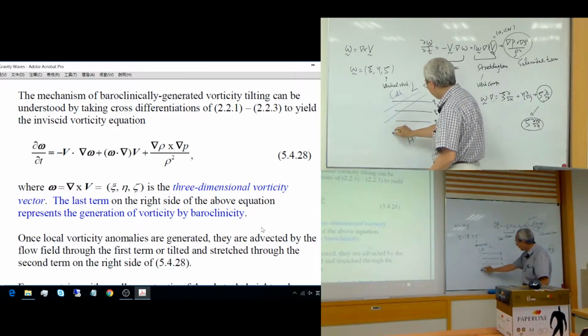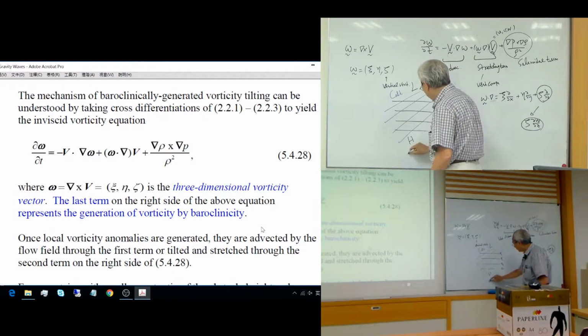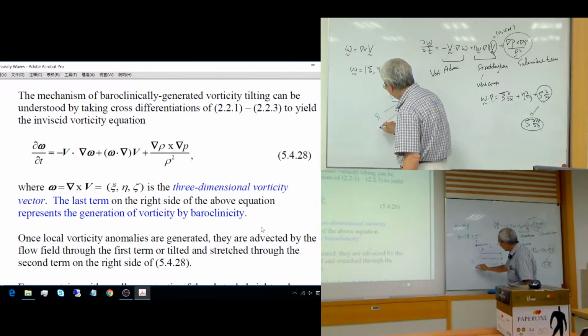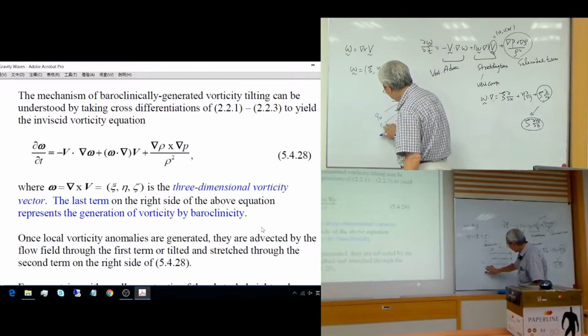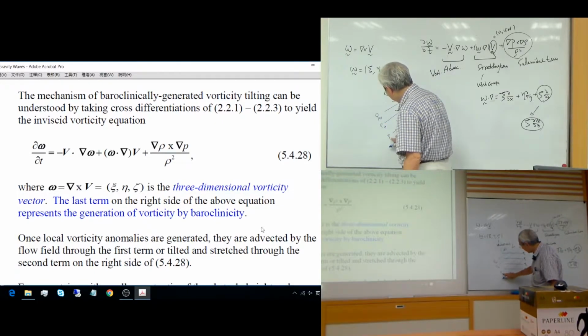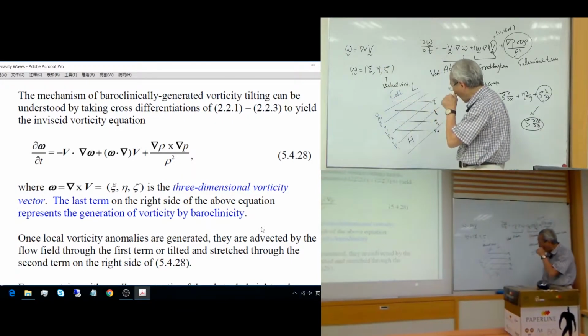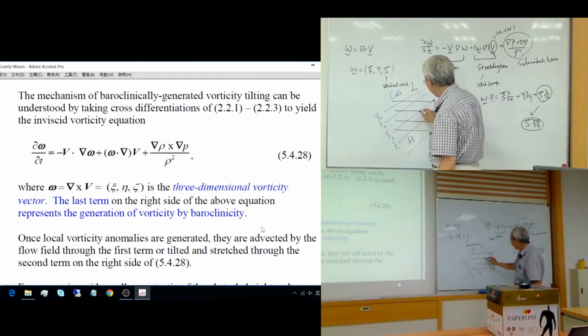If cold air is there, then we have rho 1, rho 2, rho 3, rho 4. I probably should say 4, 3, 2, and 1 here. So rho 4 is greater than rho 3.